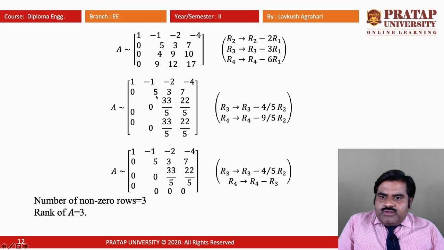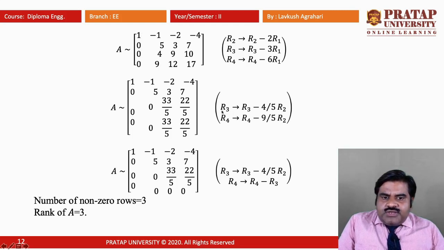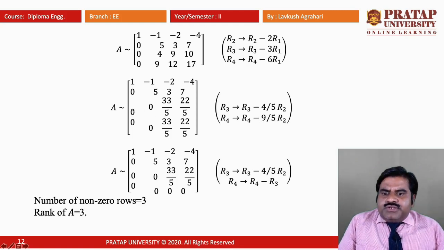Now we are moving to the second row, and these are the operations: R3 is replaced by R3 minus 4/5 R2, and R4 is replaced by R4 minus 9/5 R2. By these operations, the element A32 becomes 0, the element A33 becomes 3/5, and the element A34 becomes 22/5.